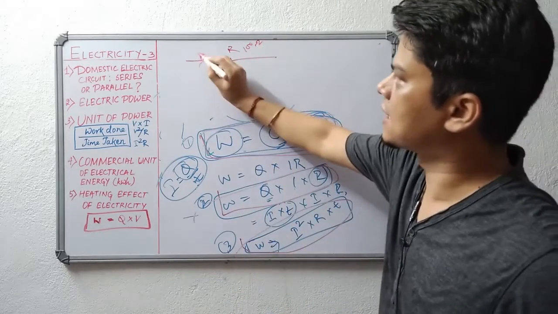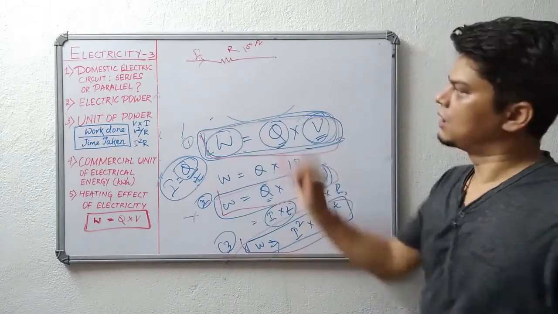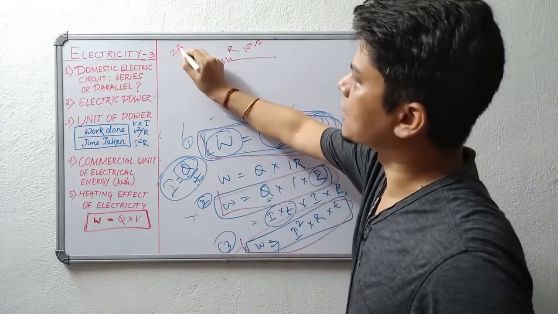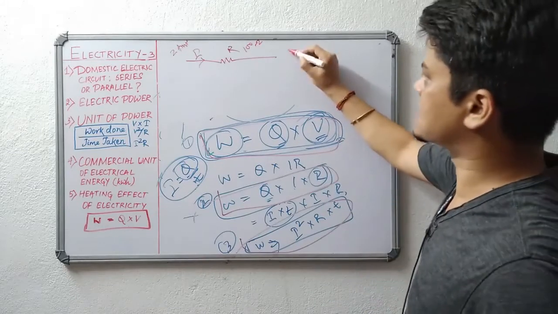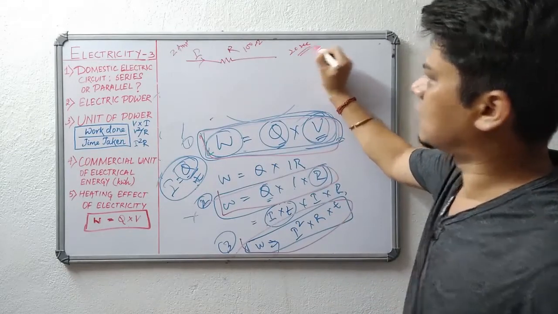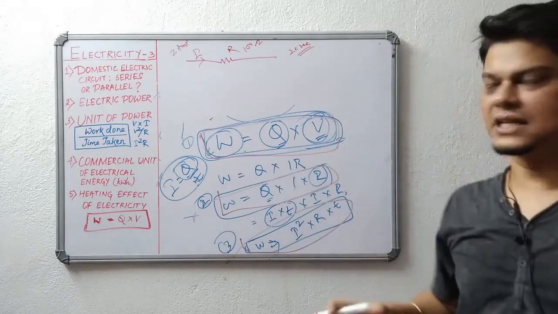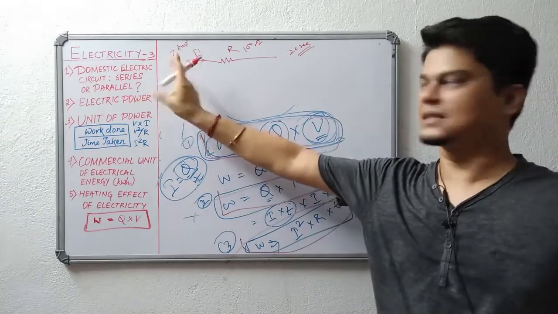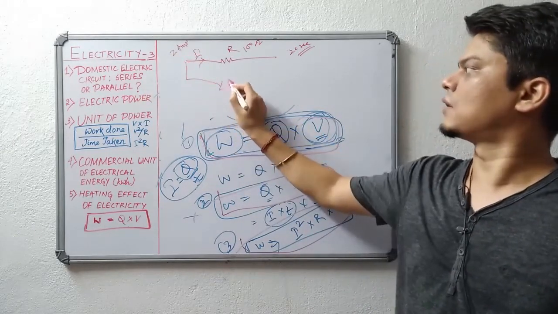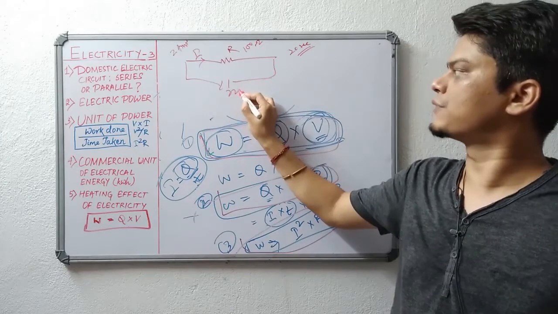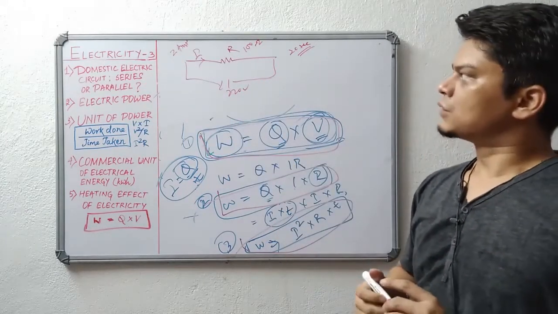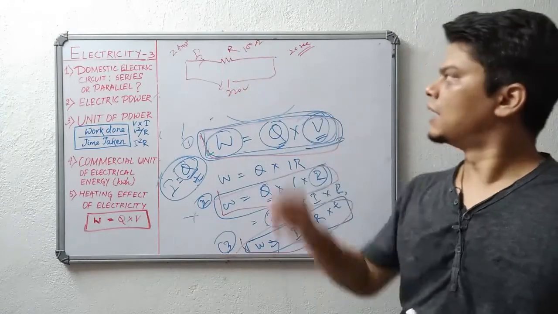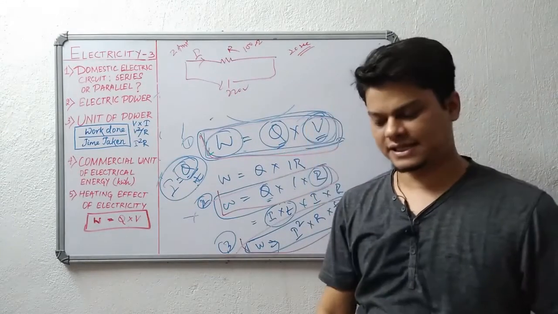A current I of 2 ampere flows through it for 20 seconds. The supply is, suppose, 220 volts.